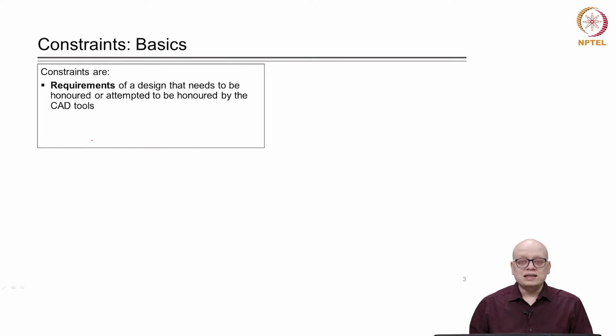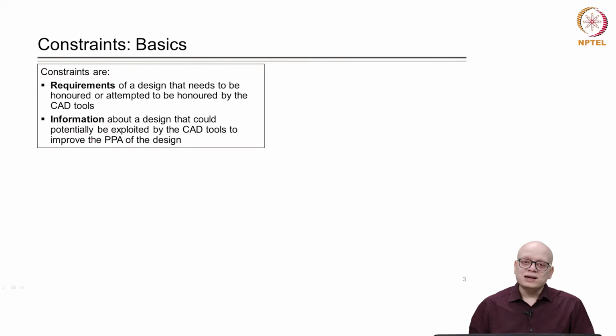The requirements need to be honored in our design, and the EDA tools which implement our design try to honor those constraints or requirements, and the verification tools verify that those constraints or requirements are indeed fulfilled in our design. So, constraints are basically a mechanism to convey our requirements to the tool.